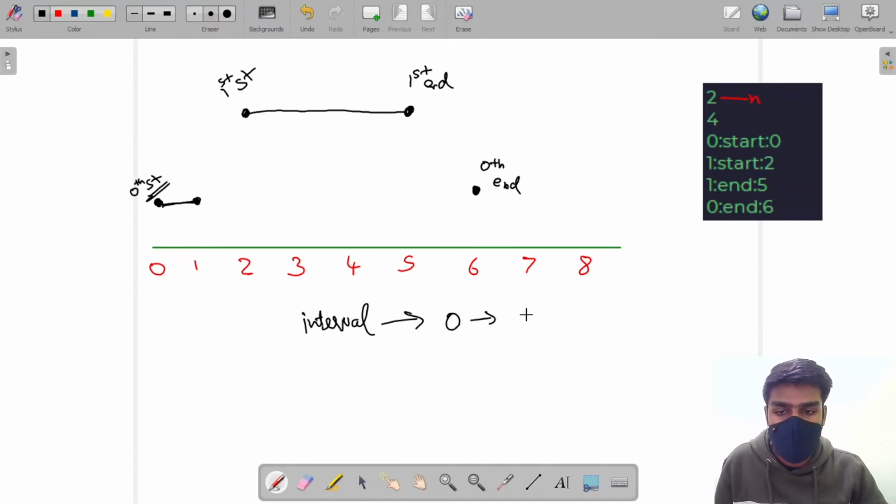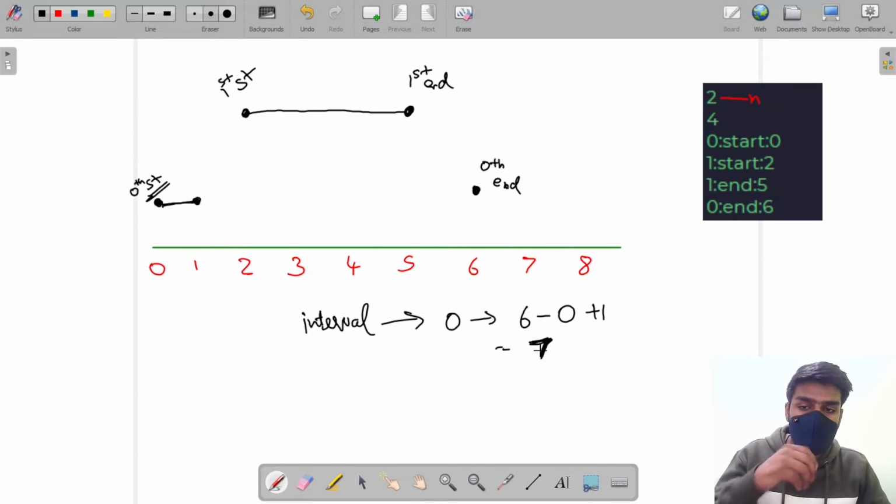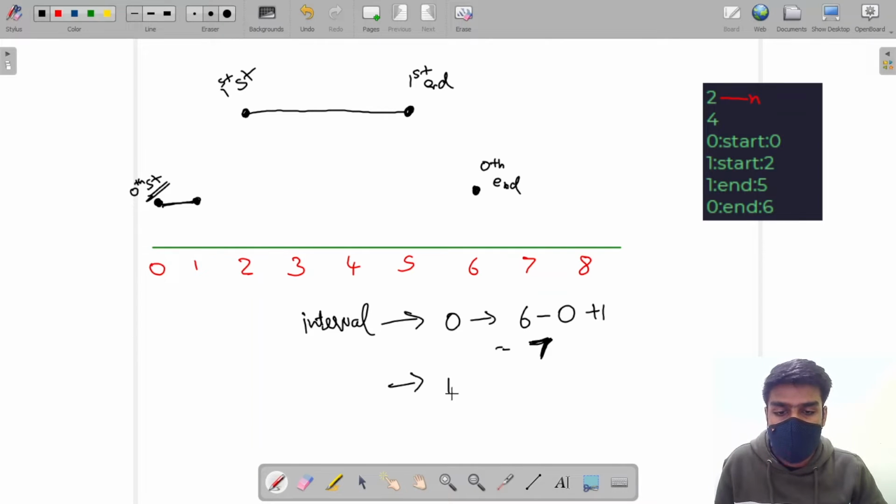My ending point is 6, starting point is 0, so 6 minus 0 plus 1 is 7. So 7 is my interval of 0, but in between one execution takes place, so I have to delete the child execution from it.